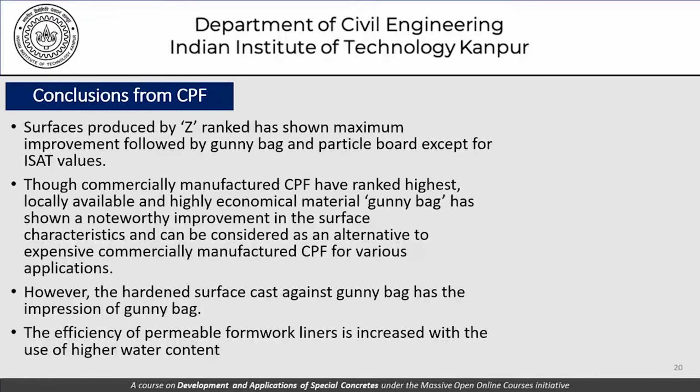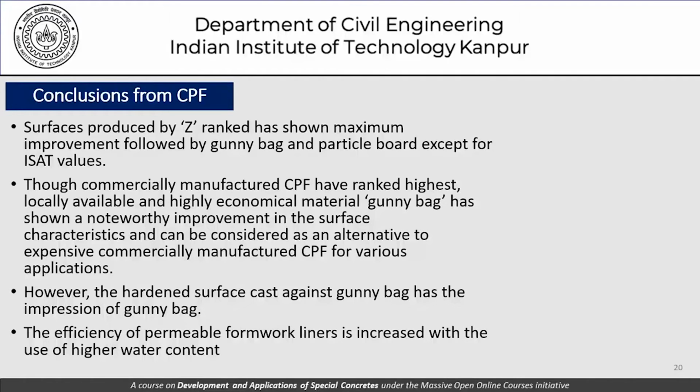This slide only presents the summary of the results that we got from our studies here in IIT Kanpur, that the surfaces produced by Z, that is the commercially available CPF liner, ranked the best. That is, they showed the maximum improvement, followed by gunny bags and particle boards, except for ISAT values.